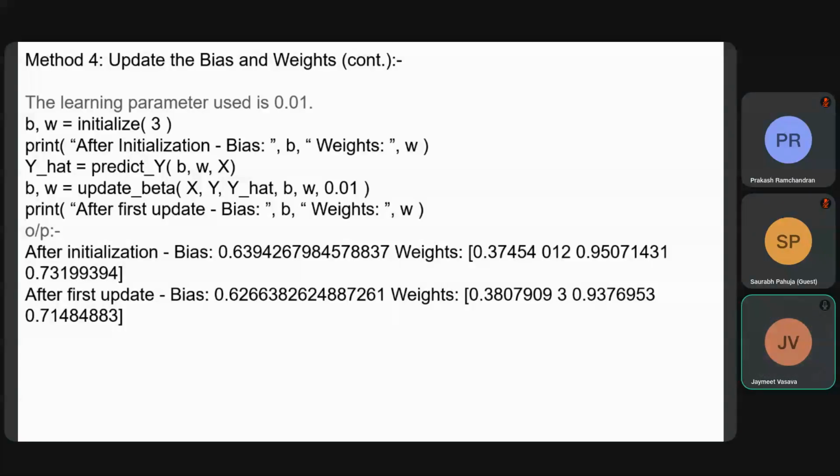So you can see that after initialization and after the first update, the difference in the bias and the weights values. You can see that it's a 0.01 kind of difference in the bias, and for the weight, it's a similar kind of difference of 0.01 or 0.02.